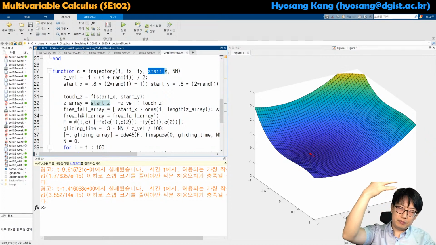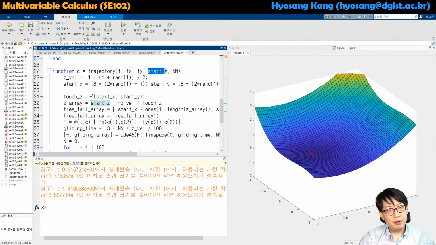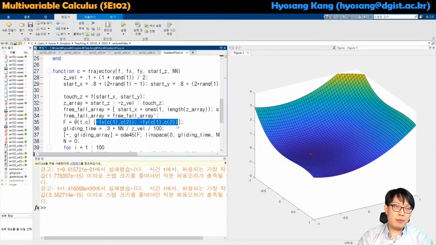And the water drop is very light, but I was assuming that the velocity of dropping is different, so I gave a little bit of randomness here. And for every drop, I solved my differential equation having this as my x prime and y prime.